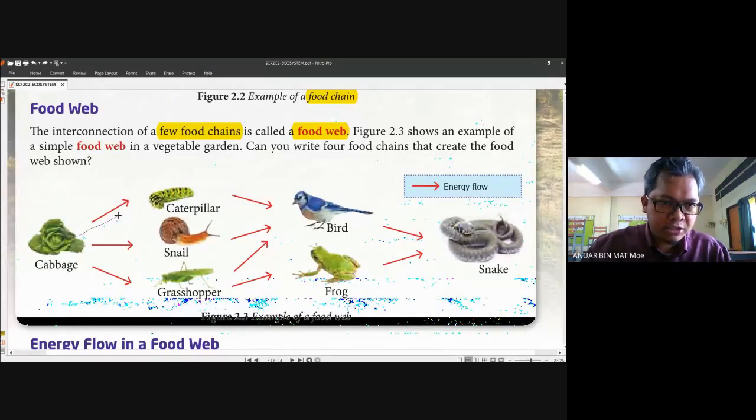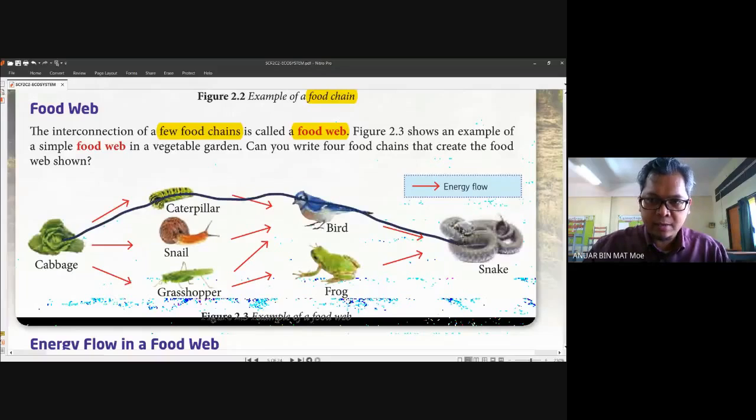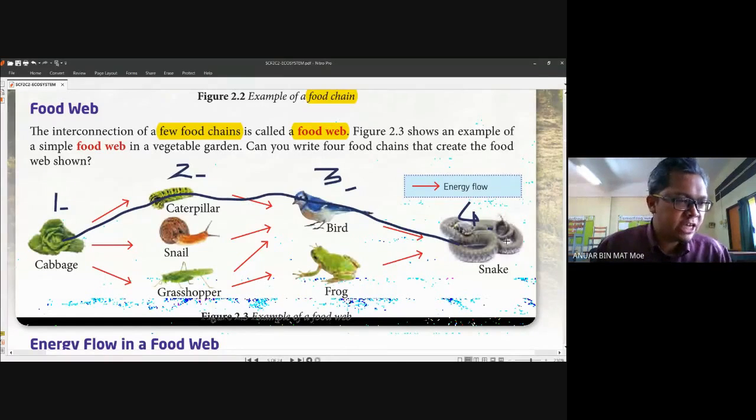Sorry, cabbage, caterpillar, birds, and snake. Cabbage, number 1, caterpillar, number 2, birds, number 3, and snake, number 4. So this is the first food chain in the food web. Okay, can you understand this?